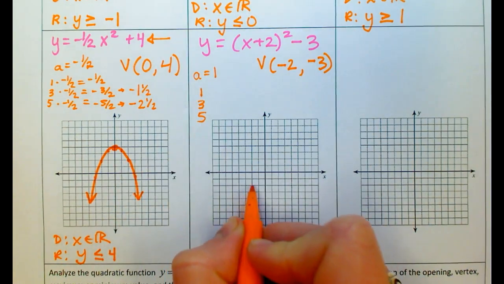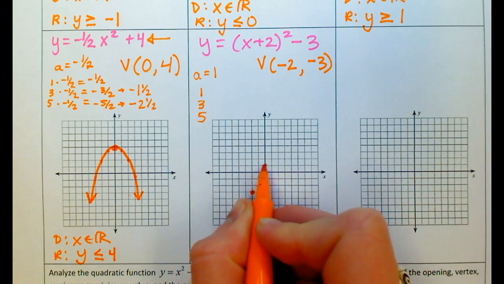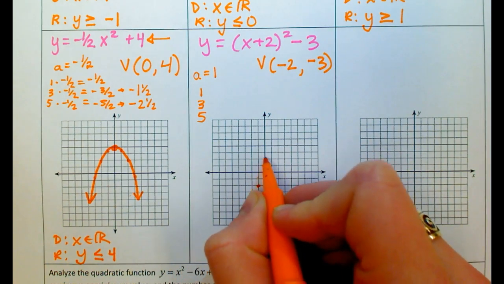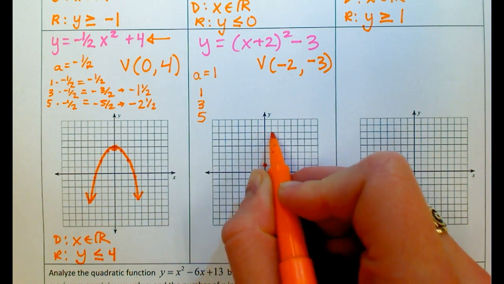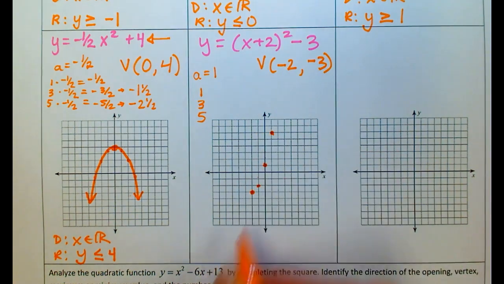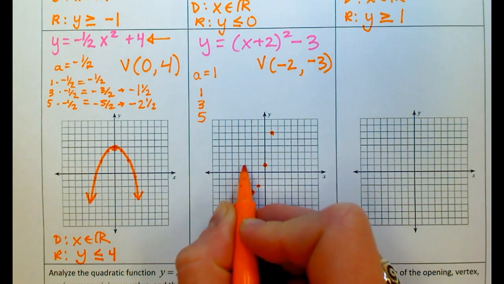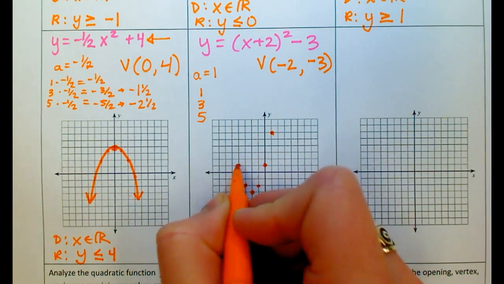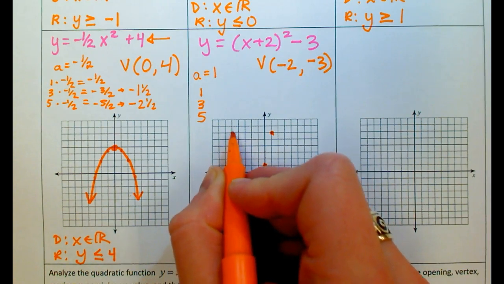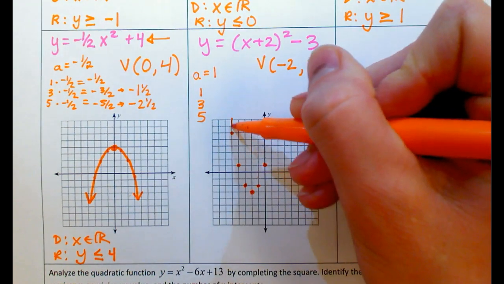So I'm going to go up 1 over 1, up 3 over 1, and up 5 over 1. Same with the other side. Up 1 over 1, up 3 over 1, and up 5 over 1. And then I'm going to connect my points.